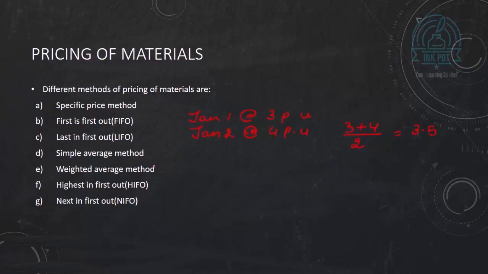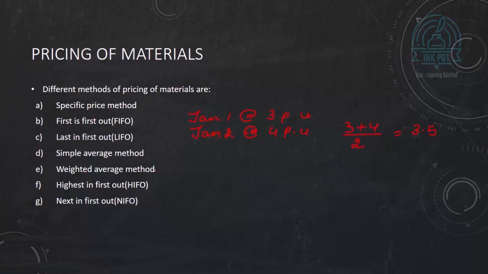In case of weighted average method, issue price is calculated by dividing value of material in hand by the number of units in hand. So we take total value of material in hand and the number of units in hand, we divide the both and we get the weighted average price.